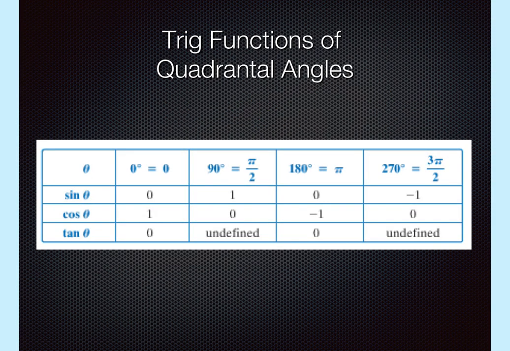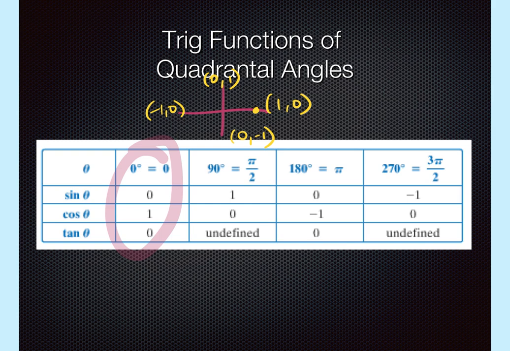Okay. So these are your quadrant angles. If you think about it, you could have hopefully filled these out just knowing that this is 1, 0, this is 0, 1, this is negative 1, 0, and this is 0, negative 1. The first one is at 0. So at 0, your sine, being the y there, would be 0.